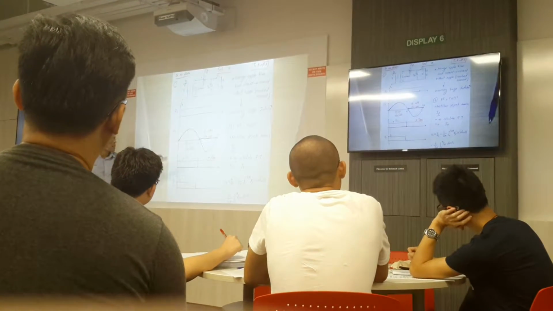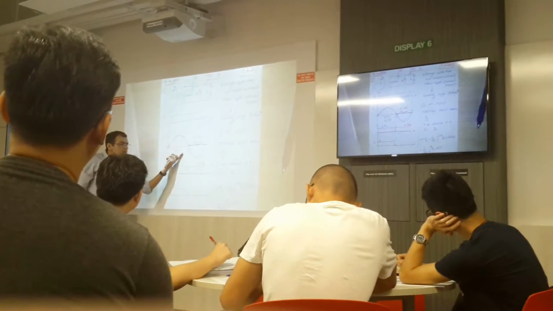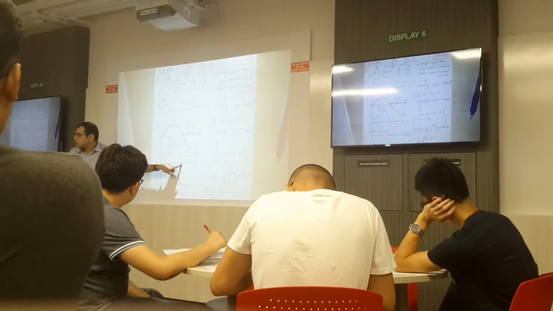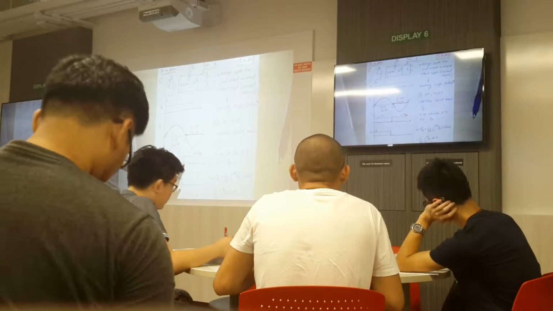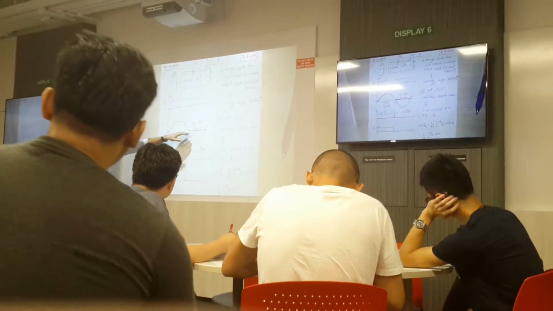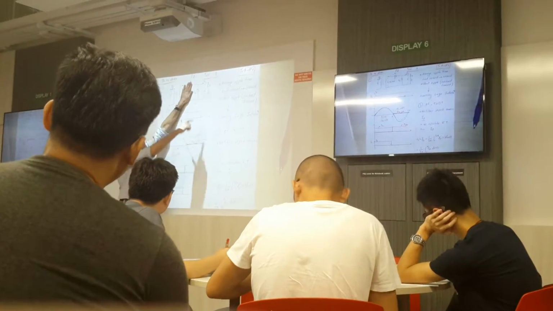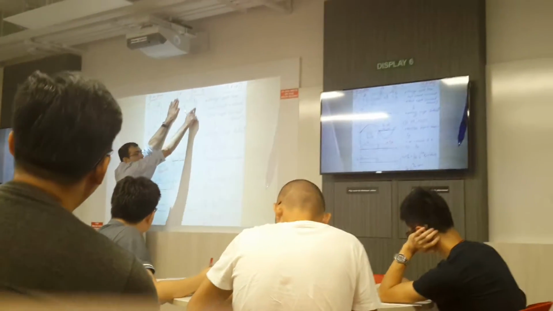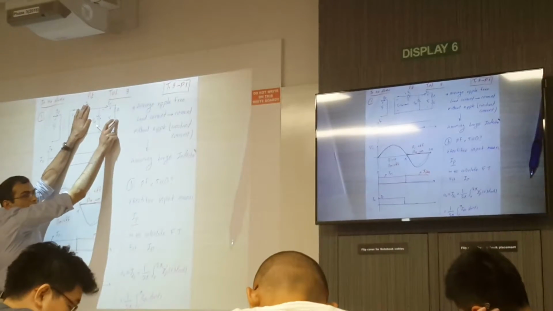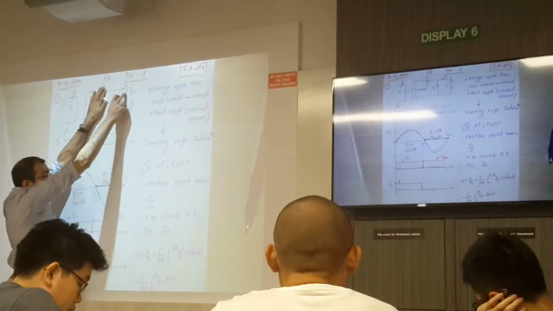For Dm, the same thing happens. From 0 to pi, Dm is off, so its current becomes 0. And from pi to 2 pi, D1 is off, we have this Dm. So the current of Dm, diode N, will become equal to the output current, which is IO.